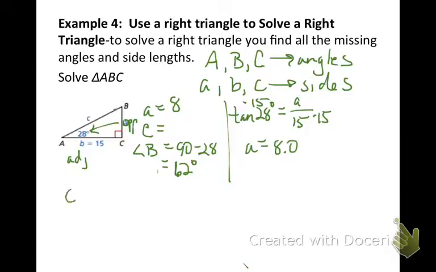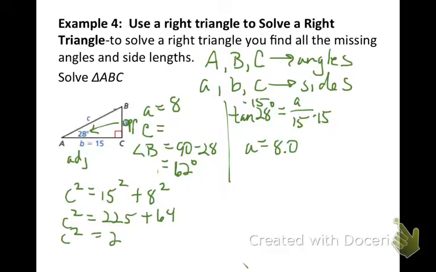Now, side C, I've got a couple different options, but I'm just going to use the Pythagorean Theorem. So C squared equals 15 squared plus 8 squared. C squared equals 225 plus 64. C squared equals 289. So if you take the square root of both sides, you will get 17.